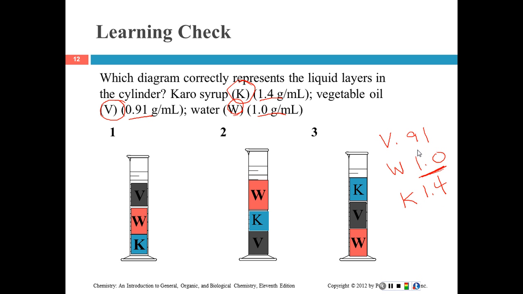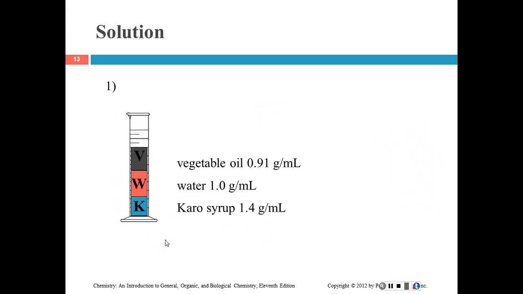Anything lighter will float. Anything more heavy, more dense, would sink. And so which one of those matches VWK? I believe it's going to be this one. Hope you agree. So you didn't even have to do any calculations for that one, those of you who don't like doing them. You just have to kind of look at it and use your brain. And there it is.